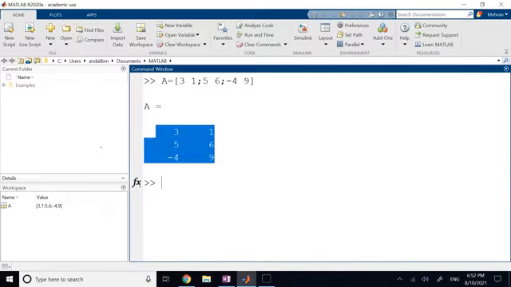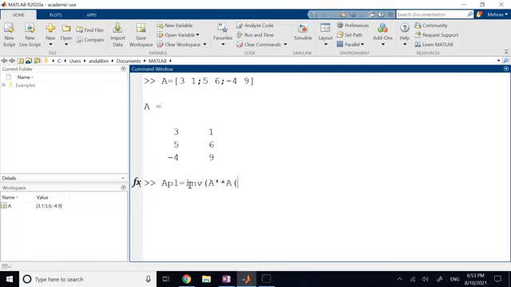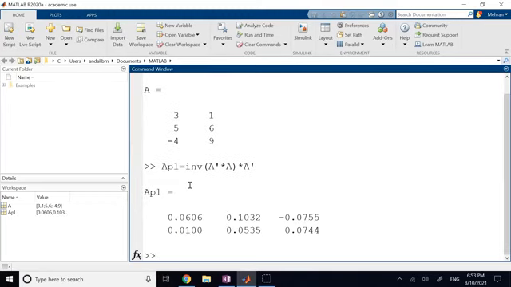So here I have this 3 by 2 matrix, and then I define a left pseudo-inverse, or A plus left, to be equal to what? It was the inverse of A transpose times A, and then times A transpose, right? And this is the result.